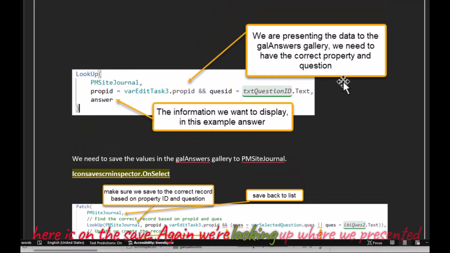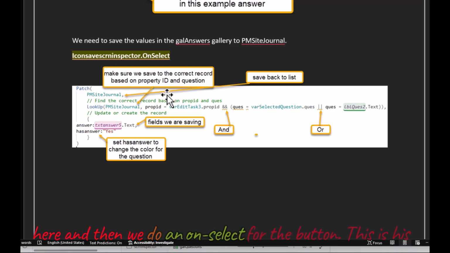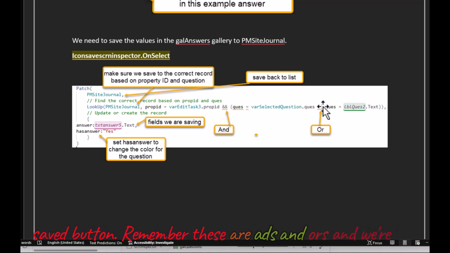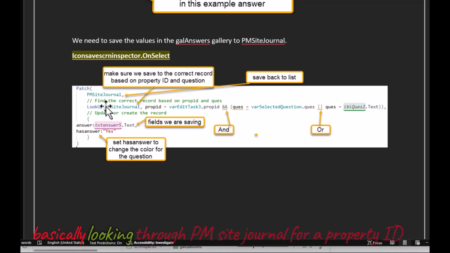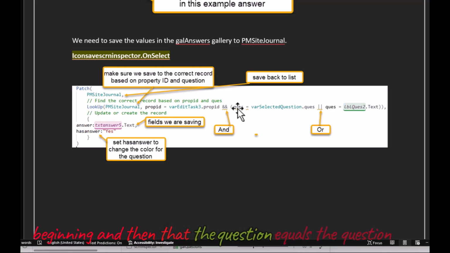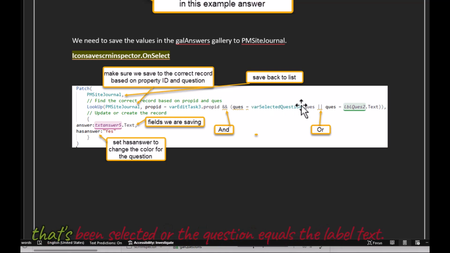Again, we're looking up where we presented the data here, and then we do an on select for the button. This is the save button. Remember, these are ands and ors, and we're basically looking through PM Site Journal for a property ID that equals the property ID that we started at the very beginning, and that the question equals the question that's been selected, or the question equals the label text.